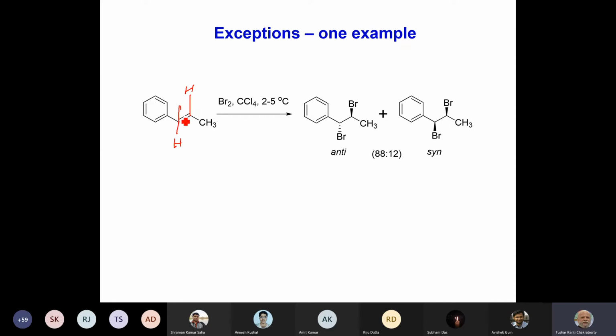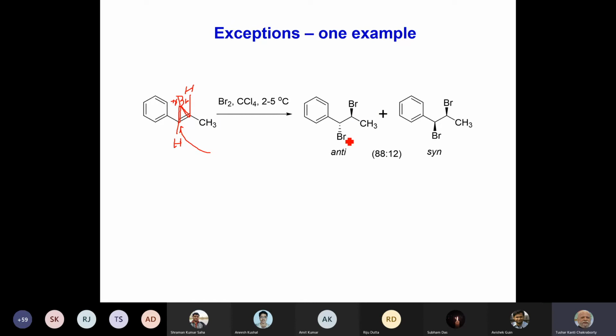And suppose the bromine is coming from the top. Now the bromide will come selectively from the bottom side. That's why the bromine is drawn here as a dashed line, and since this one is coming from the top, this bromine is above the plane.